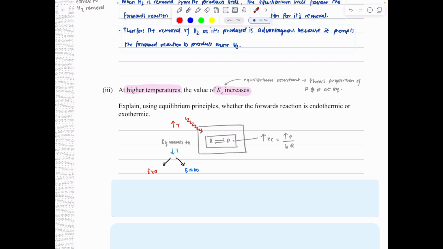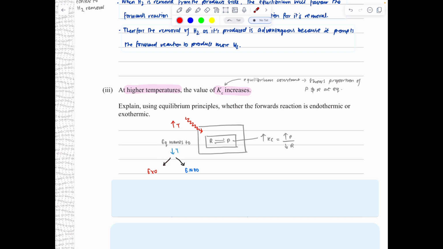So what is it going to favour? Is it going to favour the exothermic reaction or the endothermic reaction? How is it going to decrease this increase in temperature? Well, it is going to favour the endothermic reaction because the endothermic reaction is going to absorb this added heat and cool down the surroundings.